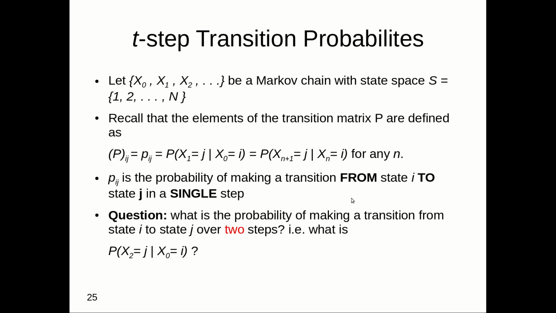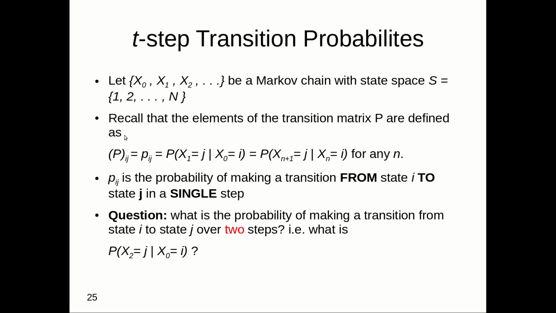Okay, so now let us consider t-step transition probabilities, because until now we've always been going from t to t+1. But what actually happens if I take 2 steps? So let x0, x1, x2 be a Markov chain with a state space of integers going from 1 to n.